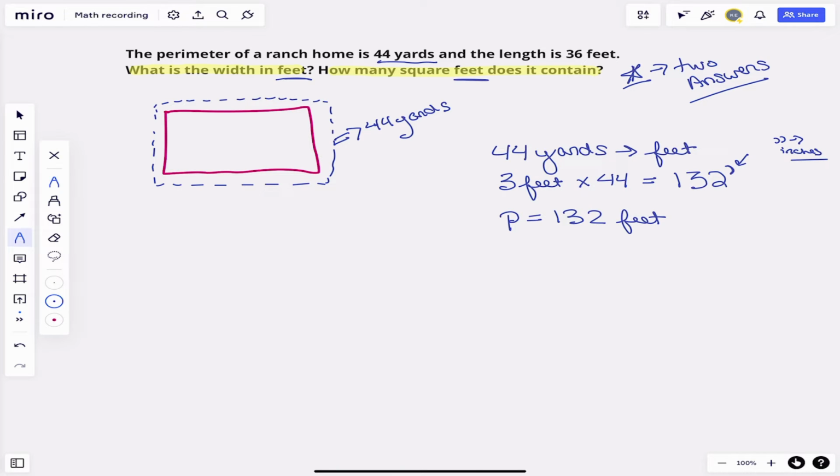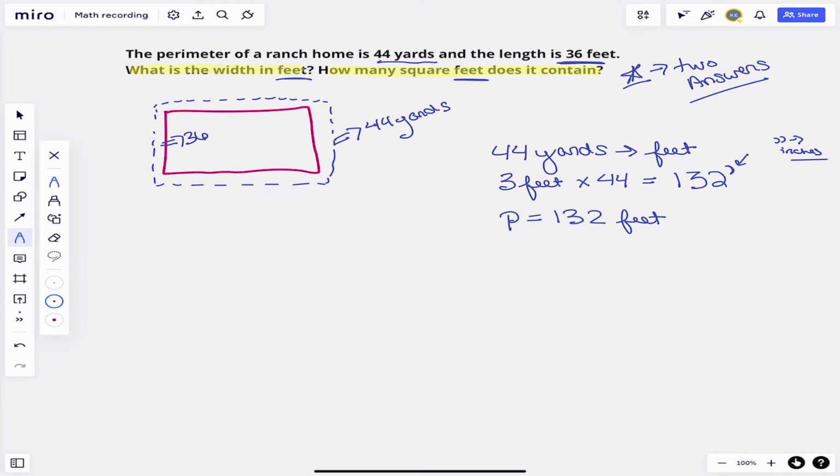But that's not what the question's asking me. It's asking me about the width in feet. So I'm going to go to my next number, which is 36. And what it's telling me is that the length of one side is 36. So I'm going to say this piece right here is 36.